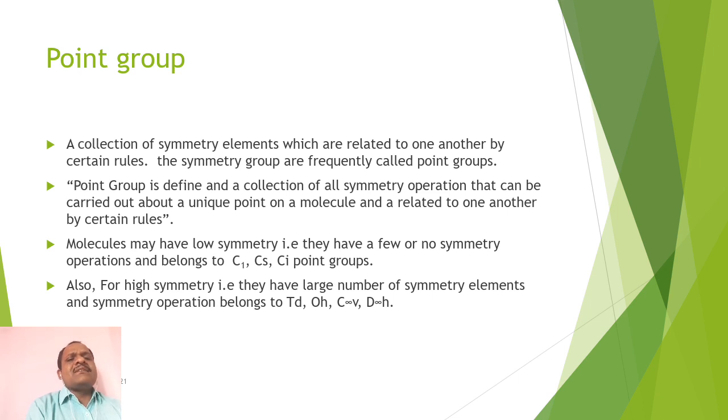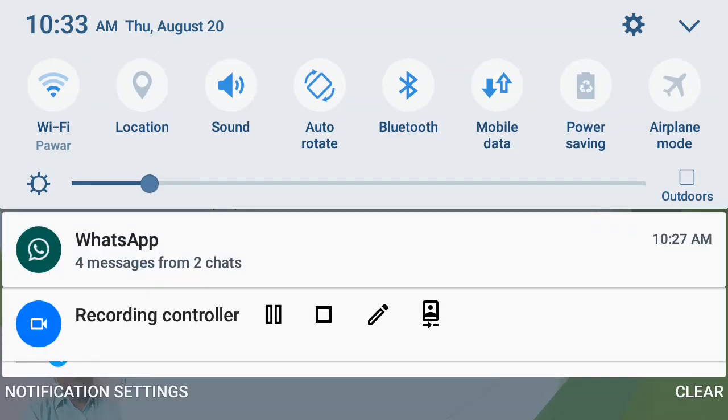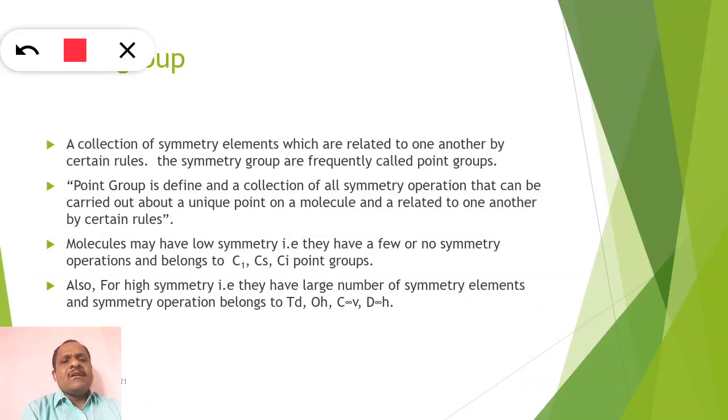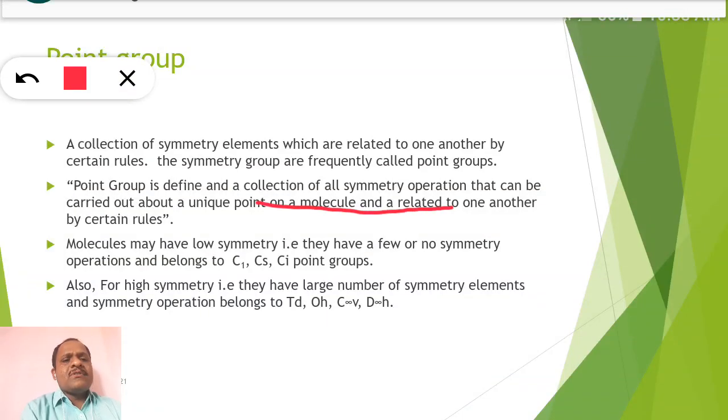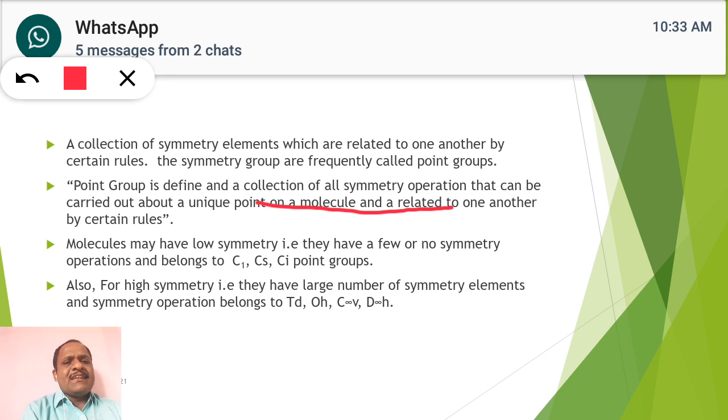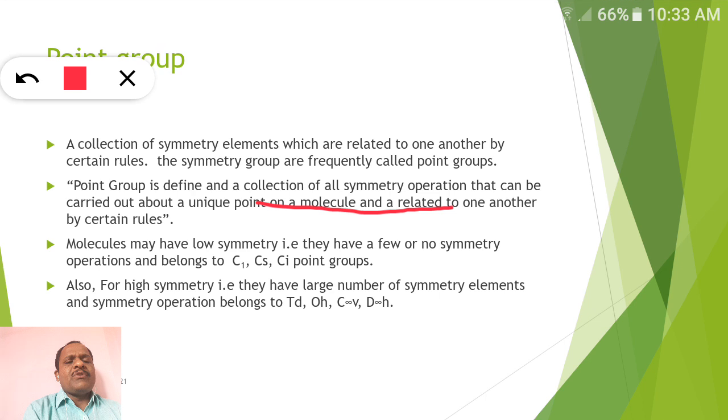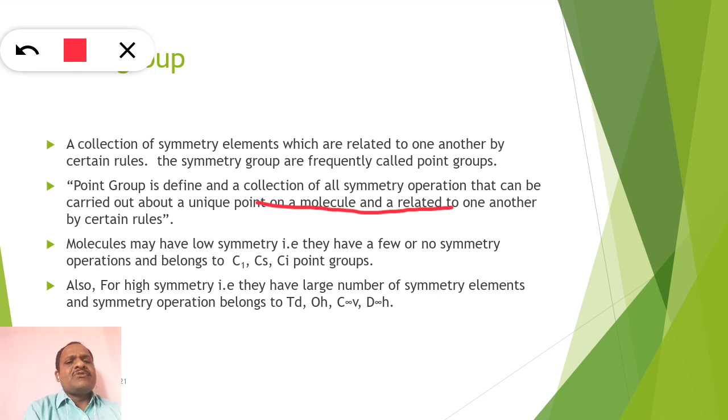So in definition we can say that a point group is defined as a collection of symmetry operations that can be carried out about a unique point on a molecule and related to one another by certain rules. That means suppose I have an H2 molecule, then whatever symmetry elements or symmetry operations are present on that molecule at a particular point, all are collected together and they are related with one another by a rule.